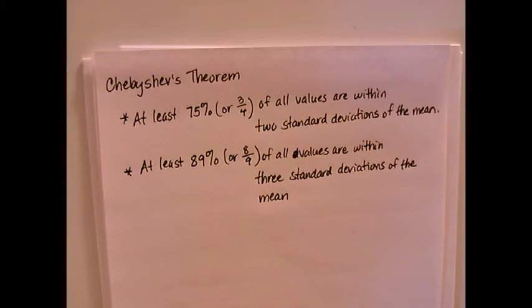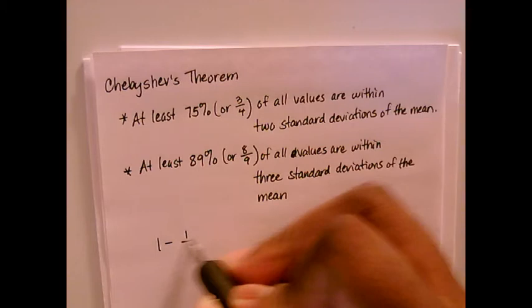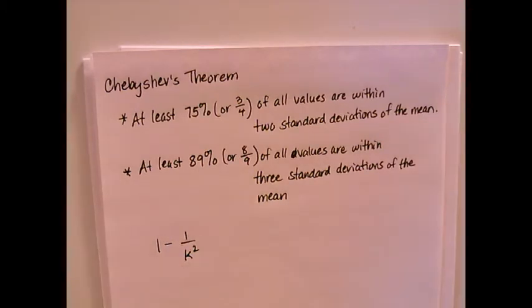And here they use that formula 1 minus 1 over k squared. Now that's the proportion or fraction of any set of data lying within k standard deviations of the mean. And that's always at least 1 minus 1 over k squared. K is a positive number greater than 1.